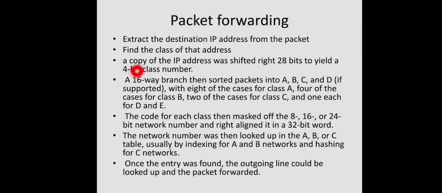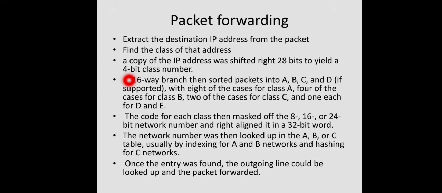So how is it done? A copy of the IP address is shifted right 28 bits to yield a 4-bit class number. So by shifting it 28 times, we will get only the 4-bit class number alone in the register, which can be used for finding out the class. Now different possibilities are there, right? Now we are checking a 4-bit number, that means 16 different possible outcomes are there.